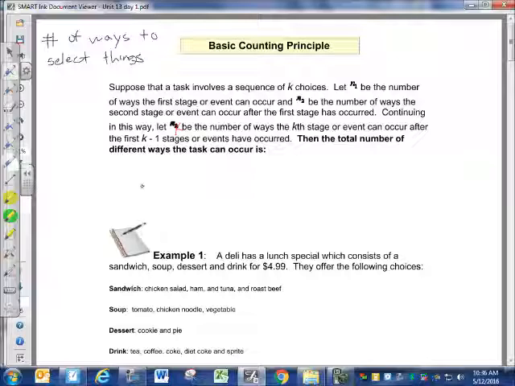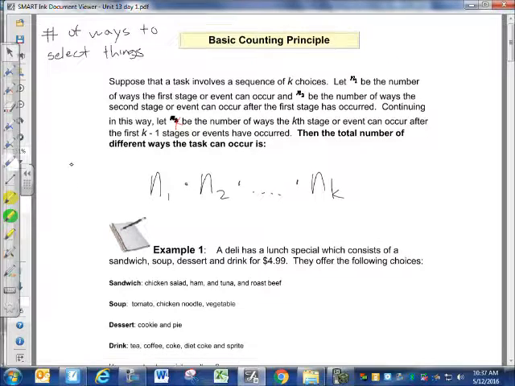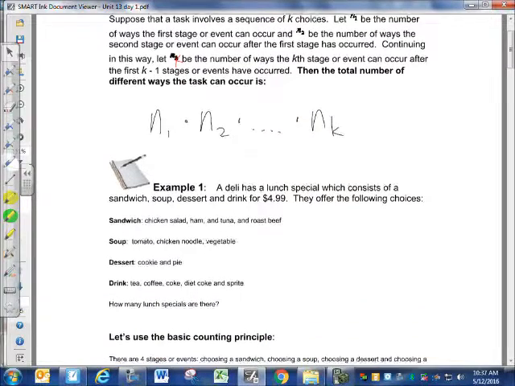Then the total number of different ways the task can occur is just multiplying the first number of ways times the second times the third times the fourth until you get to the last one, which we'll say is the k. That's the basic counting principle.